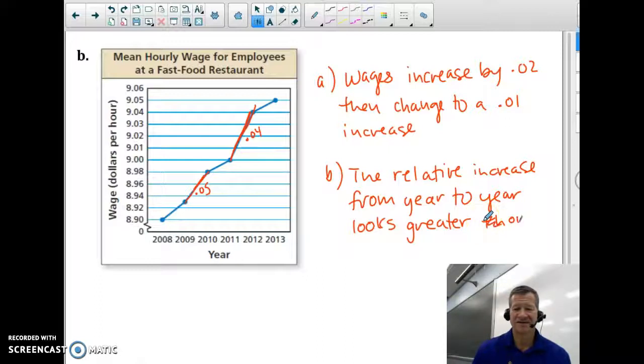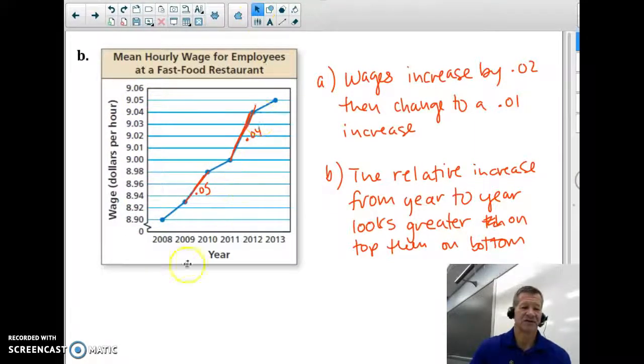It looks greater on top than on the bottom. All right, so somebody who reads this graph might think there's a bigger increase from 11 to 12 than there is from 9 to 10 if they don't look carefully at this. Okay, so that's misleading graphs. We're all done with section 7.5.